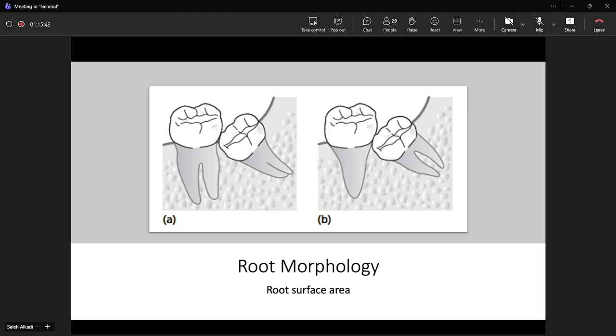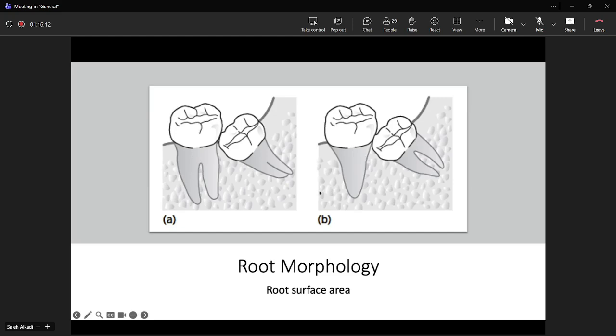Another thing in root morphology to look at is the root surface area, and we mean here the root surface area of the lower wisdom tooth in relation to the root surface area of the adjacent second molar. If the root surface area of the lower wisdom is smaller than that of the adjacent second molar, as in picture A, this creates favorable extraction because you easily extract that small tooth while maintaining and not displacing the adjacent molar.